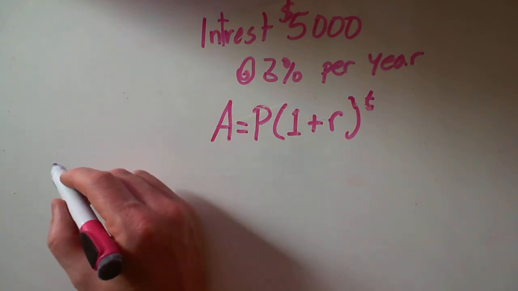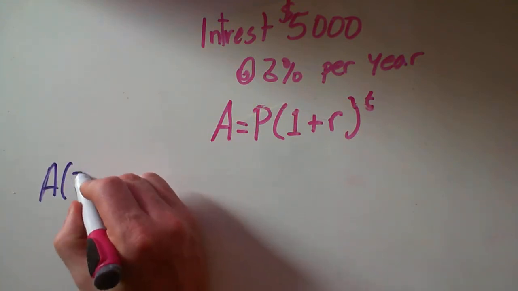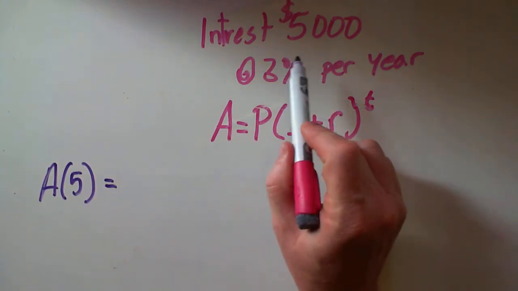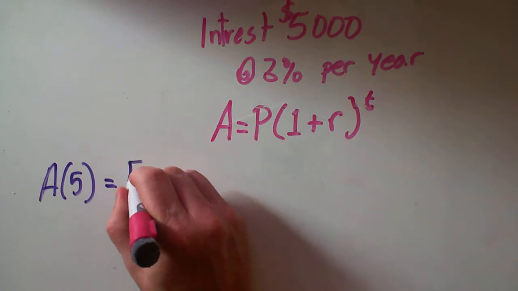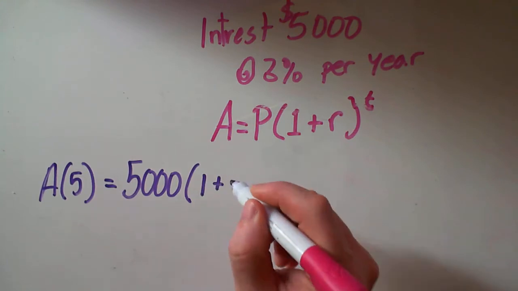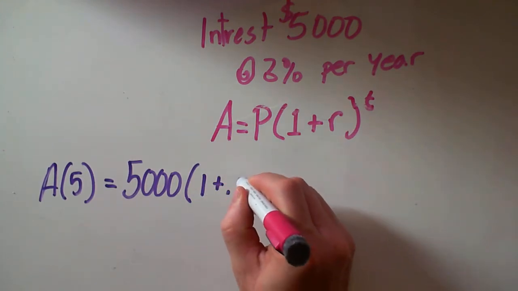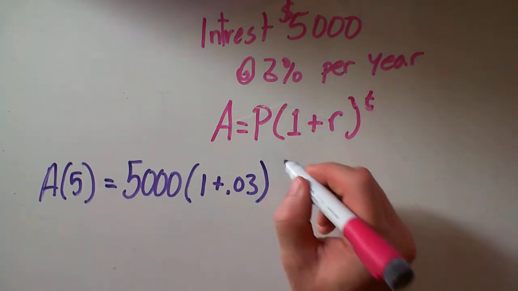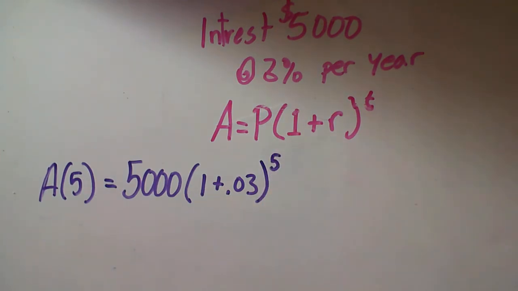So A of 5 would be 5,000, that's our principal, times 1 plus 0.03 to the 5th power.